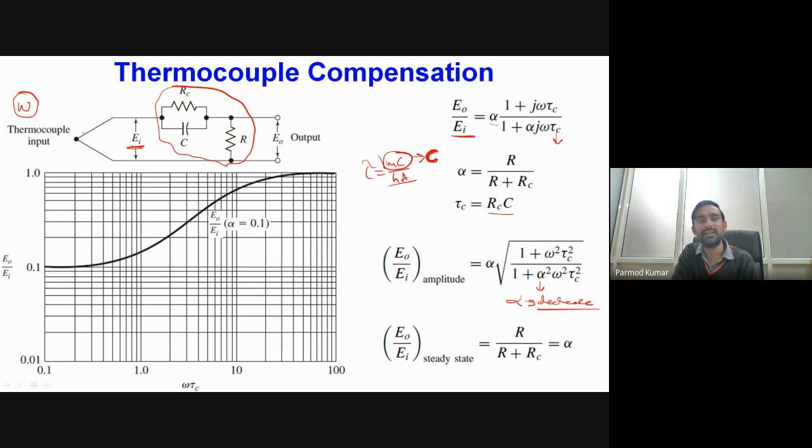If we have a linear dependence between temperature and EMF, then the input EMF acting on this circuit will have the same forced frequency. So if alpha decreases, the frequency response of the system will be improving.